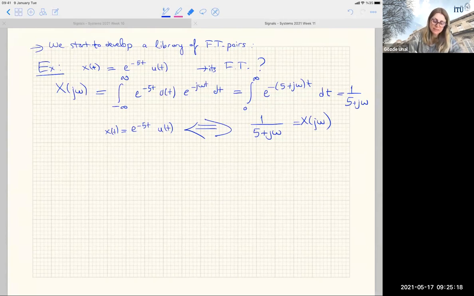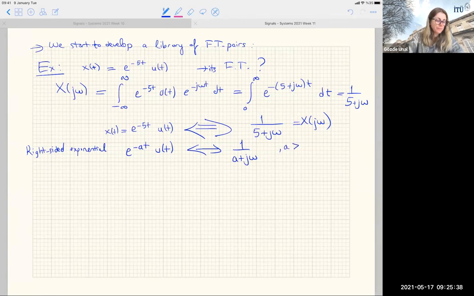And this is generalizable. This is called the Fourier transform of a right-sided exponential, because of the u of t. For e to the minus at u of t, its Fourier transform is 1 over a plus j omega, but for a positive. Why?